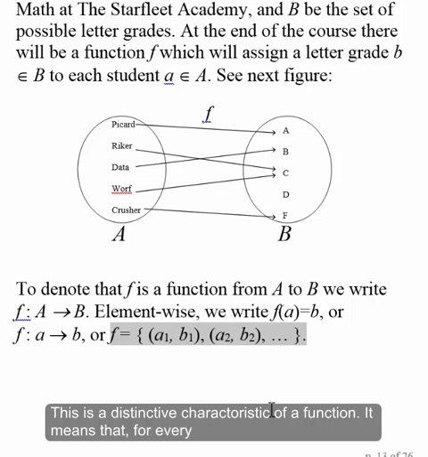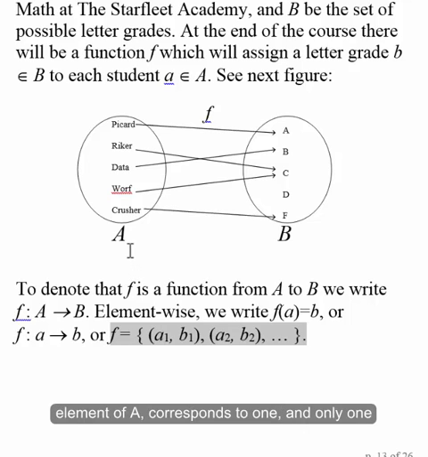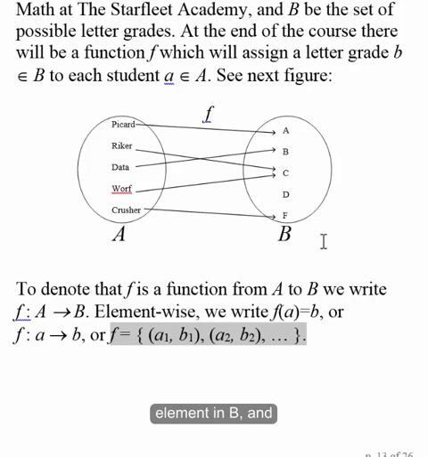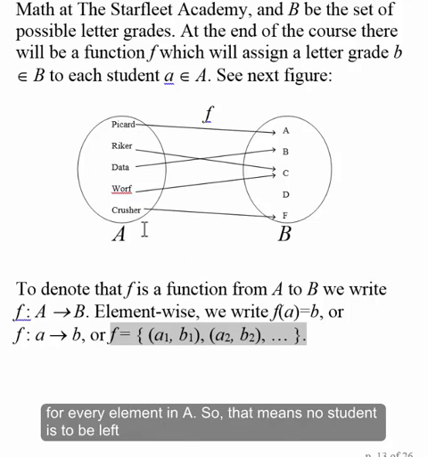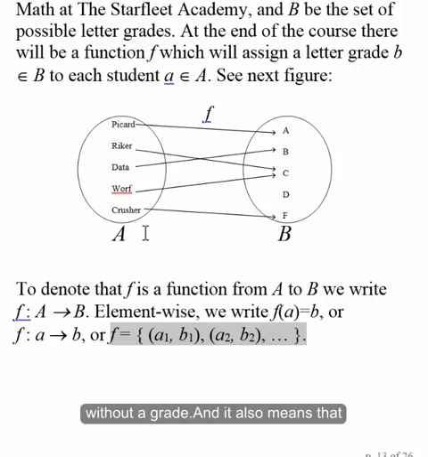It means that for every element of A corresponds one and only one element in B. So that means that no student is to be left without a grade. And it also means that every student gets exactly one grade, no more than one grade.